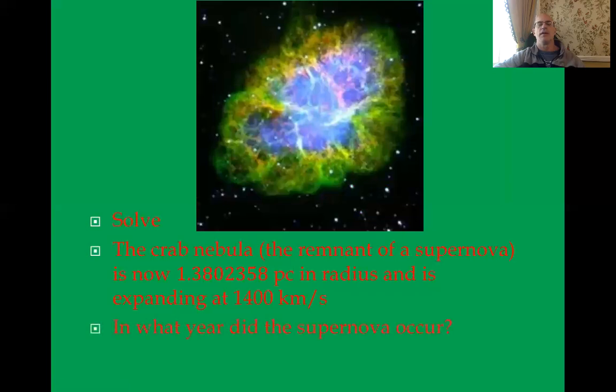So in what year did this supernova occur? And I'll give you a hint: 1 parsec is 3.09 times 10 to the 13th kilometers, right? So take a couple minutes and pause and see if you can work that out. See what year that supernova occurred.